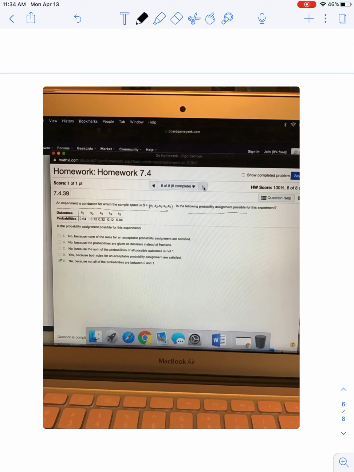Okay, an experiment is conducted for which the sample is this. Is the following probability assignment possible for this experiment? So are these numbers possible? Well, definitely not, because a negative probability is not possible.